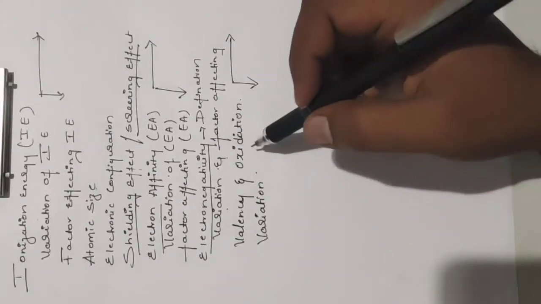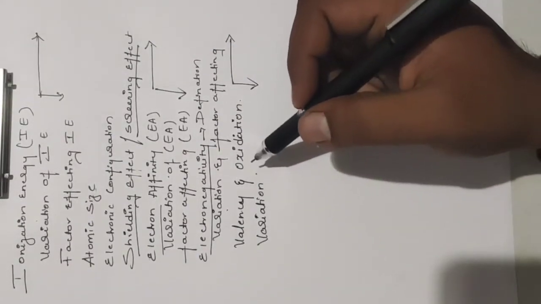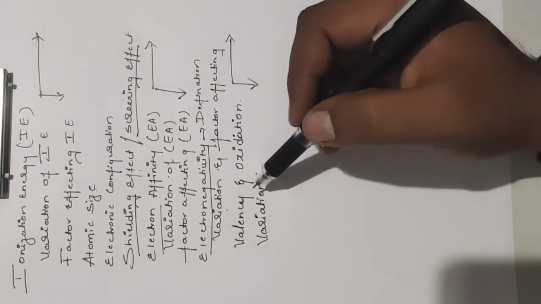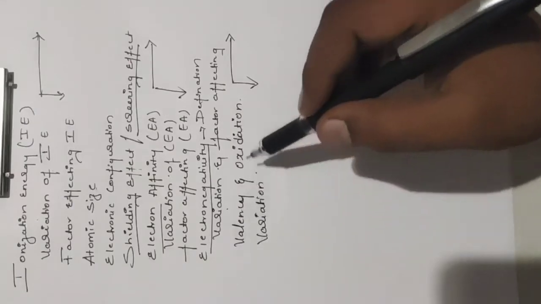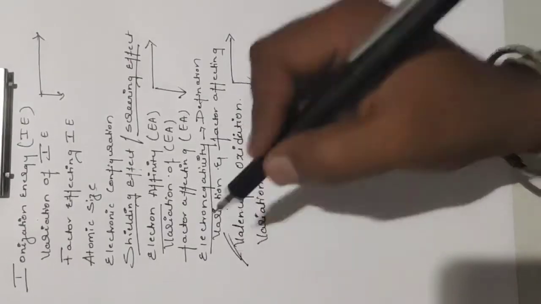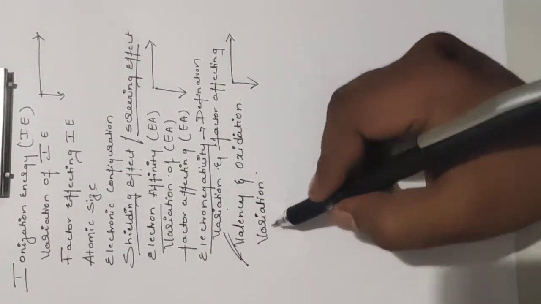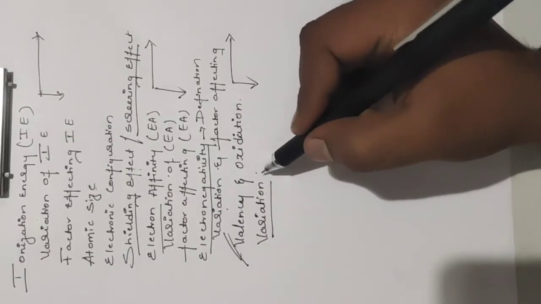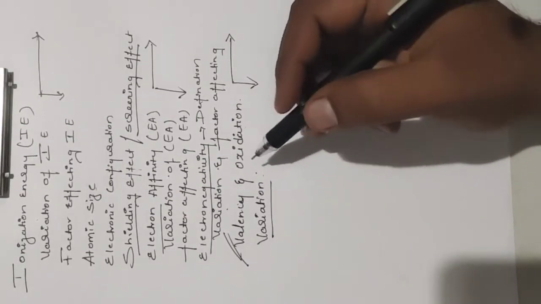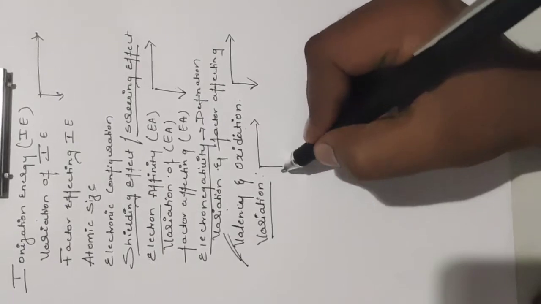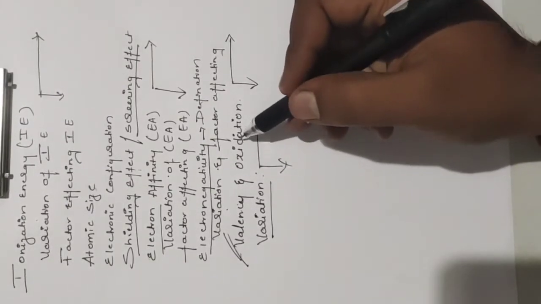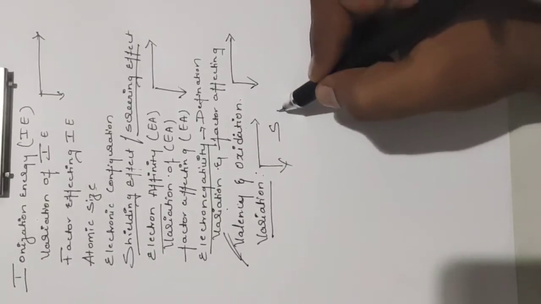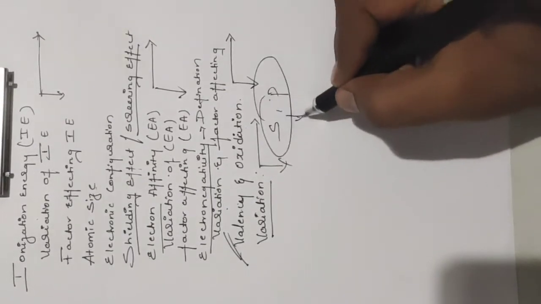And last in this chapter, we are going to discuss the definition of valency and also oxidation. What is the difference between valency and oxidation? Very important for your exam purpose. And also the variations of valency in groups and periods. Similarly, oxidation we have already seen while discussing the s and p block elements in your offline class.